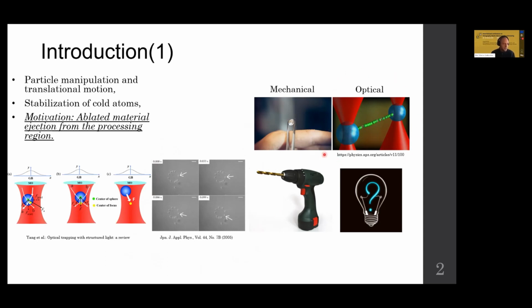So the question is, can we use it for something else, not only just moving particles around, but basically building a drill bit out of it? Of course, the function of the drill bit is not only processing the surface, but also taking the material out of the hole.